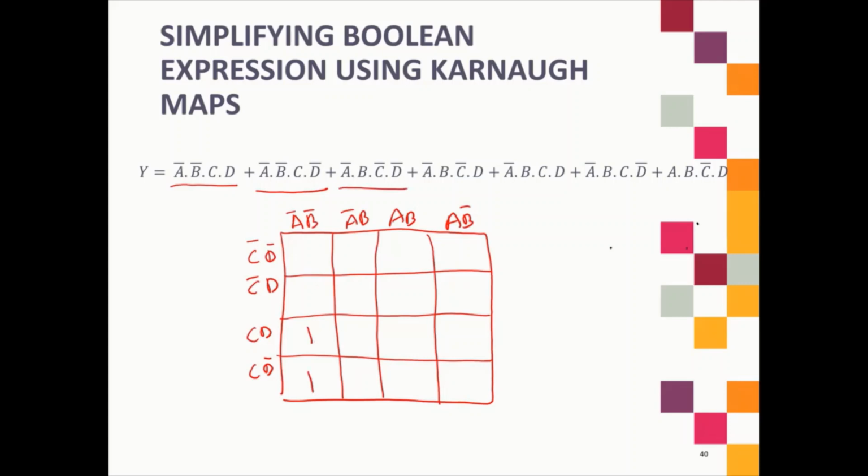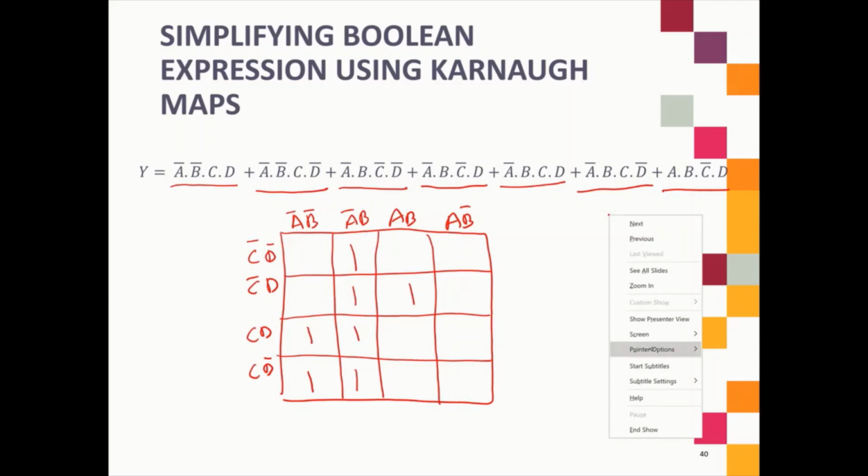Then A bar and B, C bar, D bar. A bar and B, C bar and D. A bar and B, C, D. A bar and B, C, D bar. And the last one is A, B, C bar and D. So we complete mapping all the values.